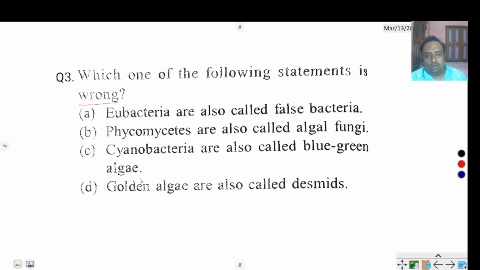D. Golden algae are also called desmids. So here the wrong statement is that Eubacteria are also called false bacteria. Eubacteria are true bacteria. And the other options are right.